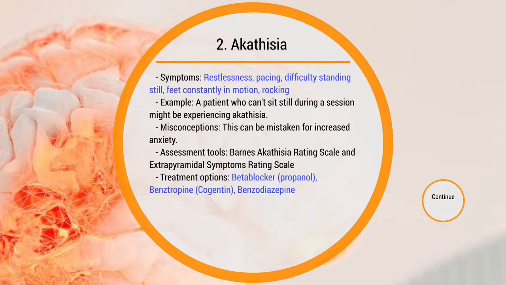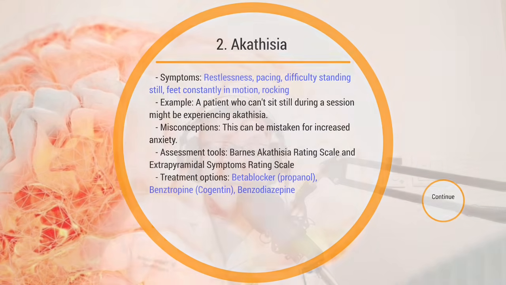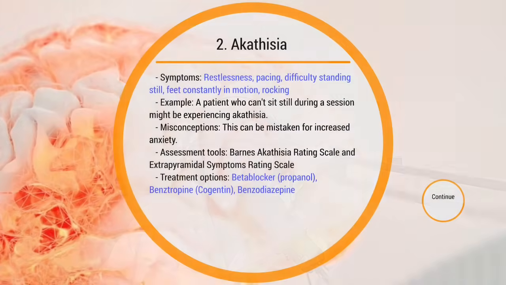Now, if acute dystonia is kind of like having those grimace facial features, akathisia, on the other hand, is someone who is restless. They are pacing back and forth. They are in a chair moving. They just seem very anxious, moving all the time, pacing, with difficulty standing still.